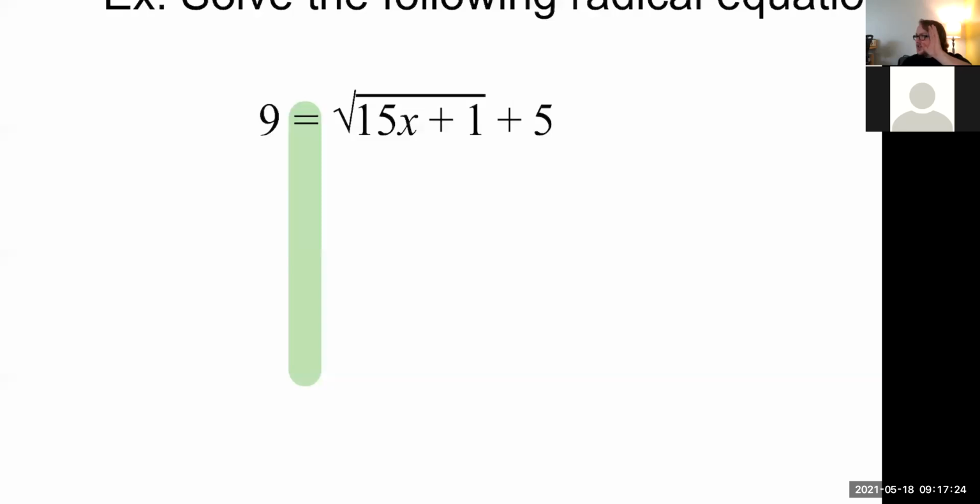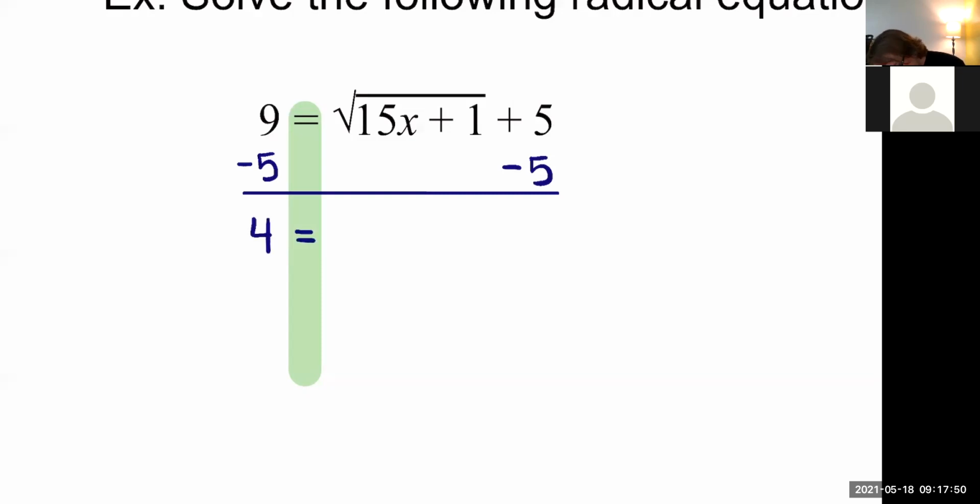For this one, you're telling me that +5 is not part of the radical. How can I make that disappear from the right? Subtract it. So I'm going to subtract 5 here on the right. But as with any equation, whatever you do on one side, you have to do the exact same to the other. So on the left-hand side, we've got 9, take away 5, which leaves me with 4, equals the square root of 15x plus 1.